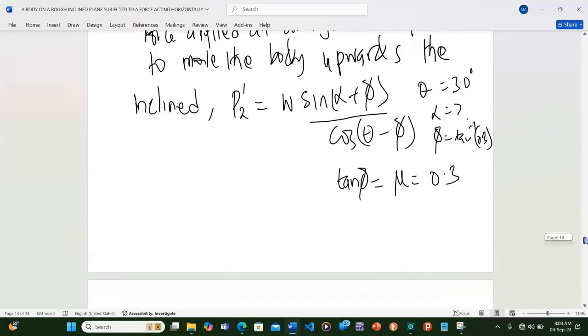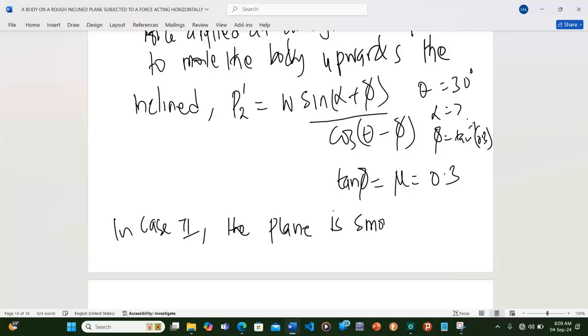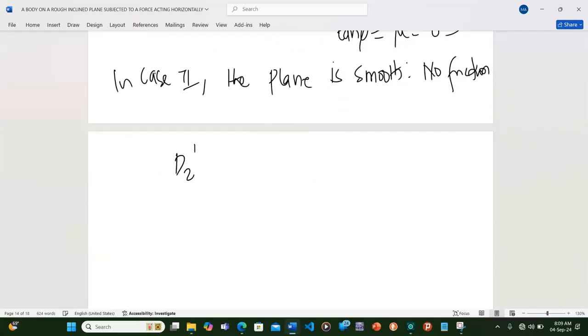But in case 2, we are told that the plane is smooth. So no friction. That means our P2 will equal W sine of alpha plus 0 divided by cos of theta minus 0.